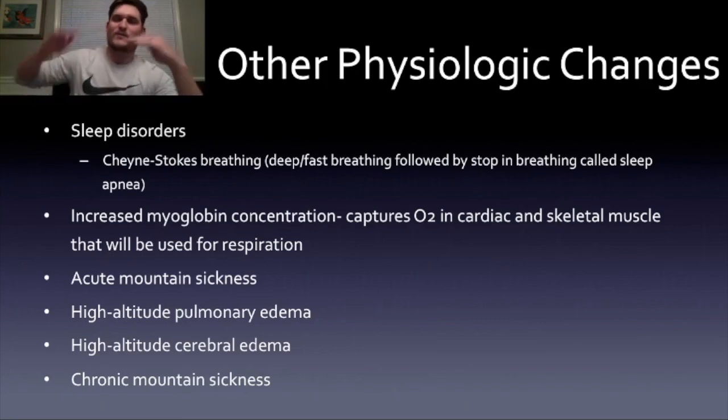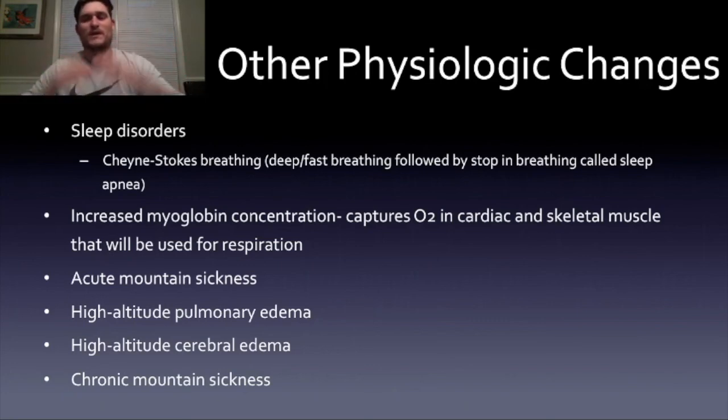That helps reduce the CO2 and increase the O2. But that comes with other effects, such as respiratory alkalosis. But then again, our body combats that with compensated respiratory alkalosis by getting rid of more bicarbonate. So people, of course, are able to live at these high altitudes, but there are a lot of physiological changes that are occurring. Thank you guys so much, and I'll see you next lecture.